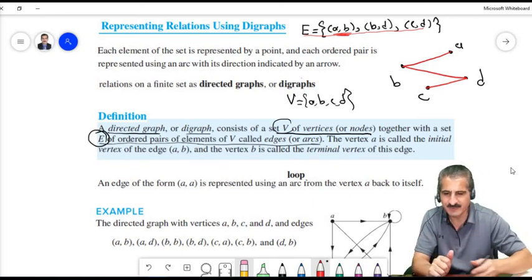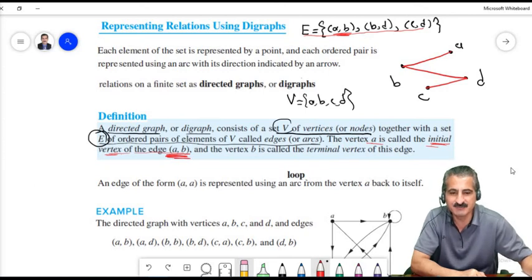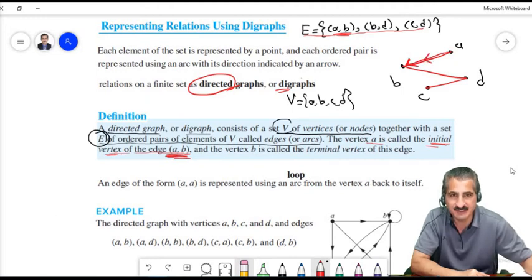Okay. Now the vertex A is called the initial vertex of the edge AB, and the vertex B is called terminal. So here I started at A for AB, so that will be an arrow. We want this graph to be a directed graph or digraph, which means we have arrows. So the edges have directions, and directions are important.